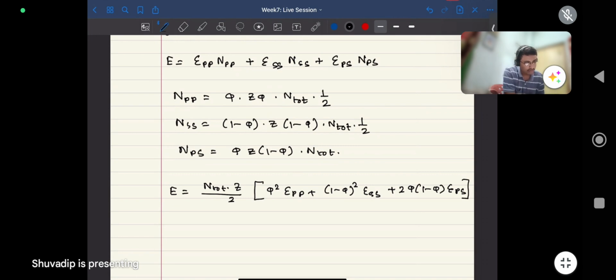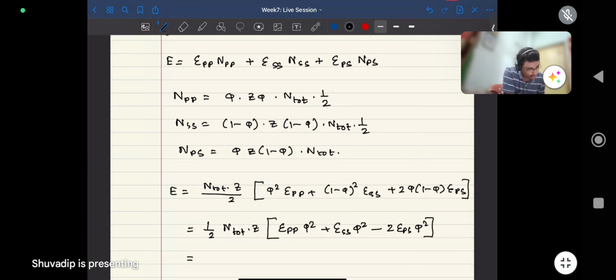So for that reason, we will only keep the phi square or higher order terms in this expression. So half n total into z, epsilon pp phi square plus epsilon ss phi square minus 2 epsilon ps phi square.